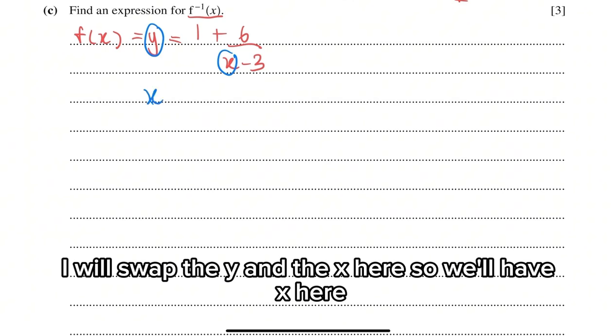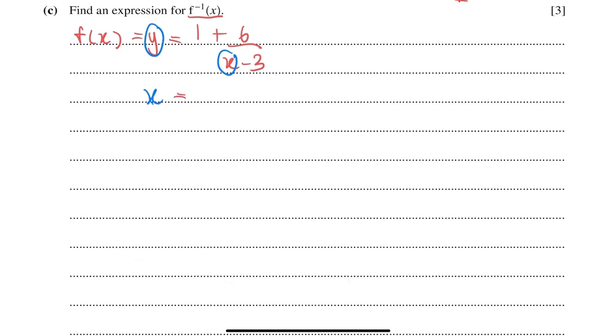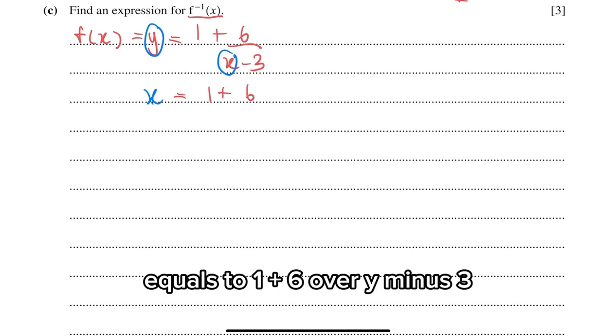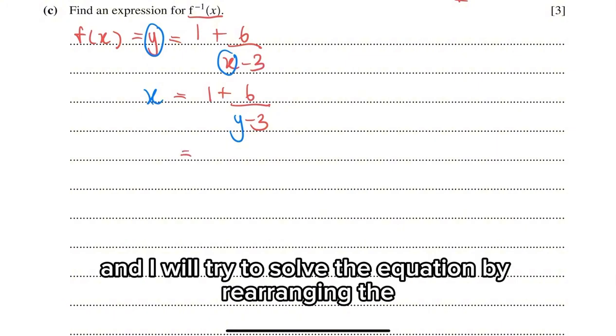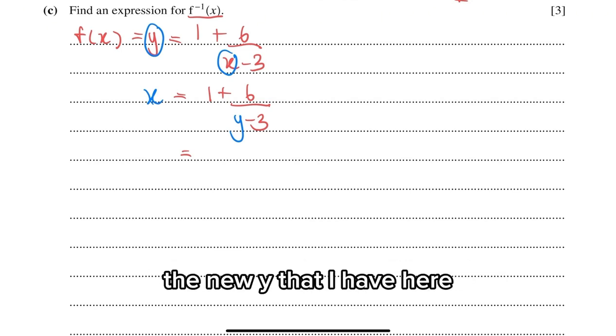So we'll have x equals 1 plus 6 over y minus 3. And I will try to solve the equation by rearranging for the new y that I have here.